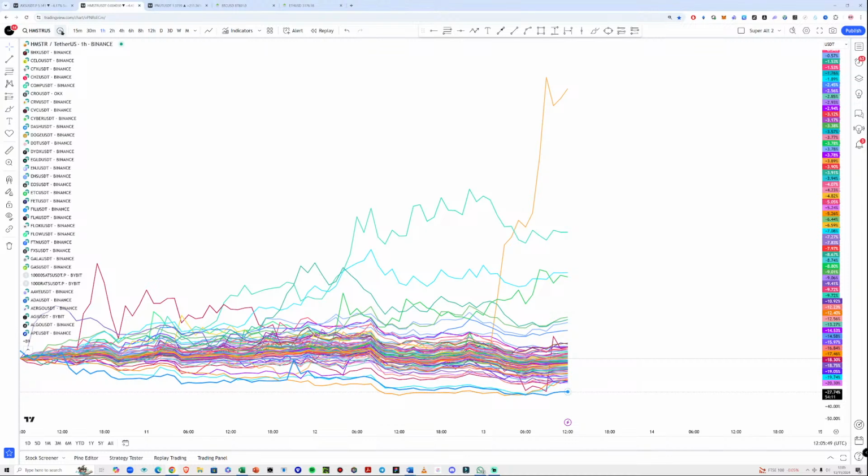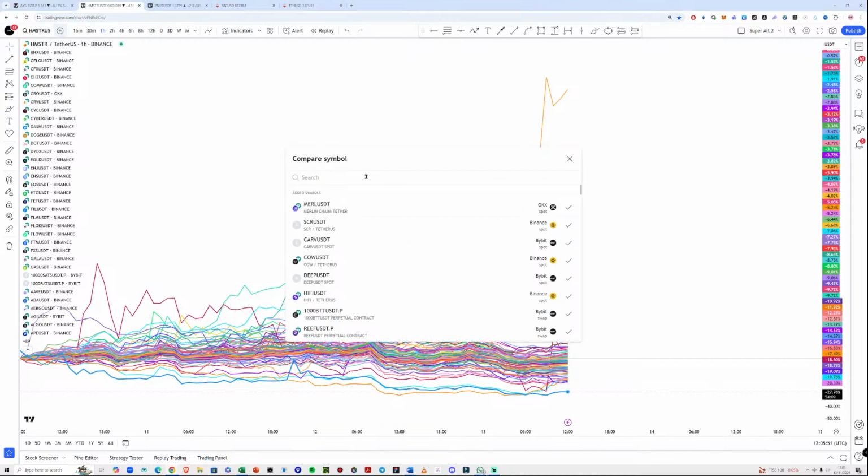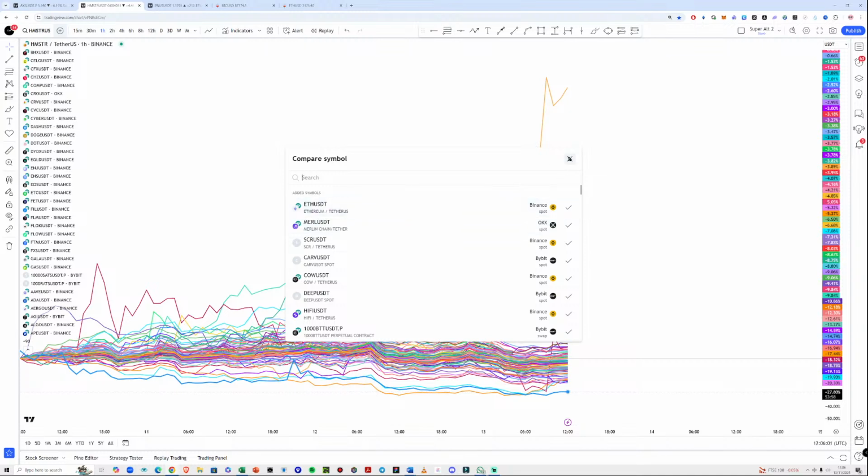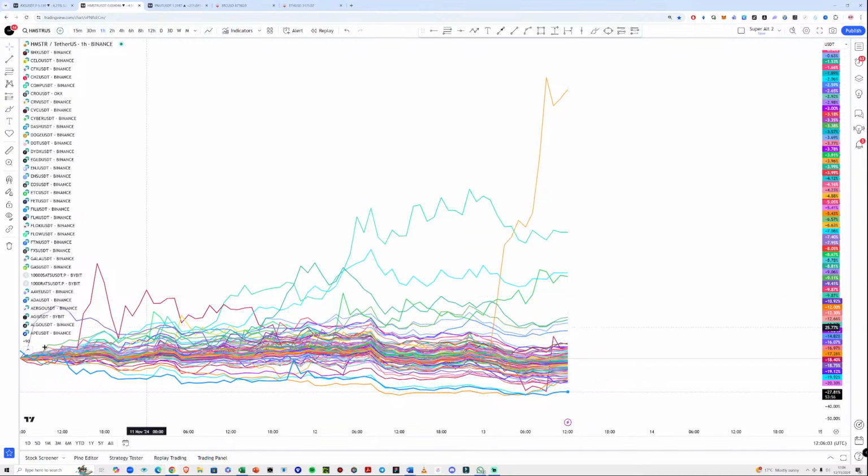Then you go into the plus icon here and say, I want to add ETH to this overlay. You click on that, and ETH's now in the overlay. So this was plus 89 before, now it's plus 90, I believe, because we've just added Ethereum in there. Do this for as many markets as you like.